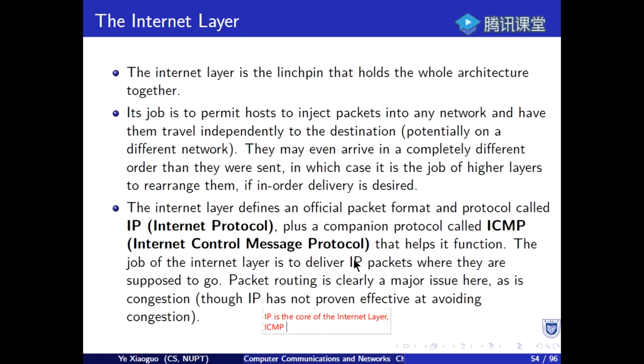The job of the Internet layer is to deliver IP packets where they are supposed to go. Packet routing is clearly a major issue here, as is congestion, though IP has not proven effective at avoiding congestion.